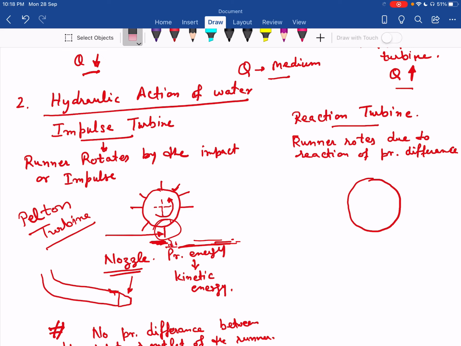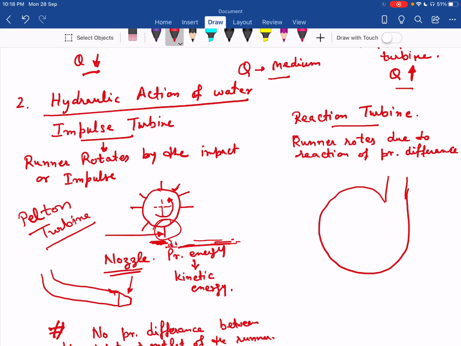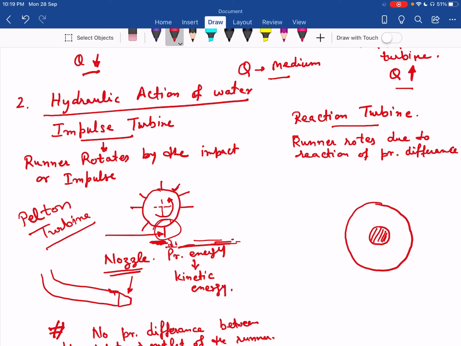Now I draw this diagram again. So this is my shaft. Here we have some passages, and water enters through this rotor.